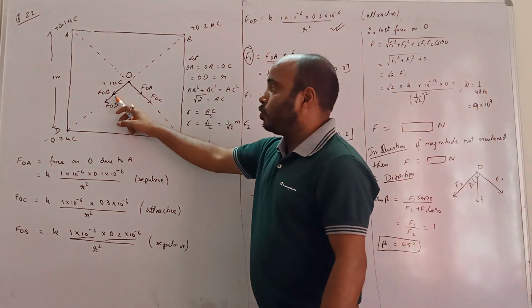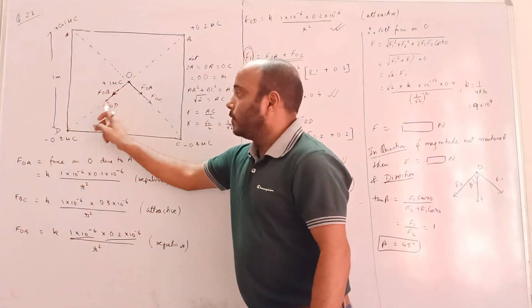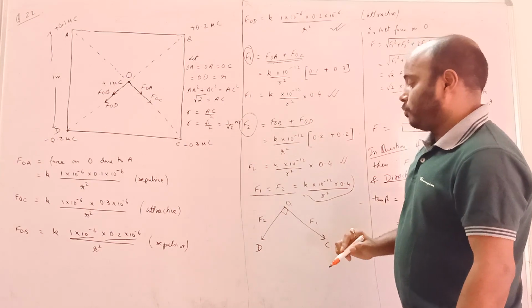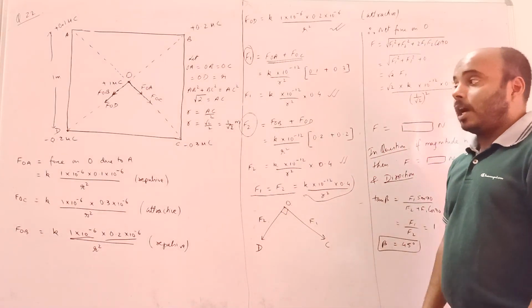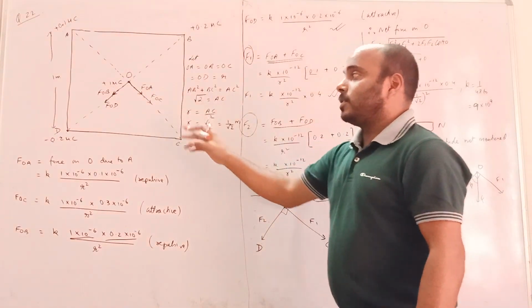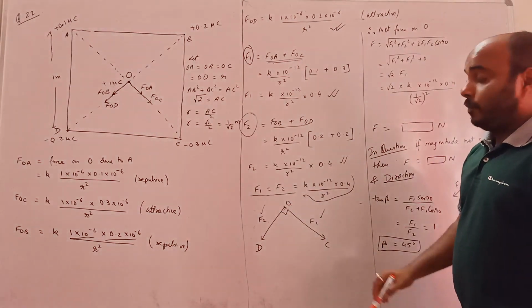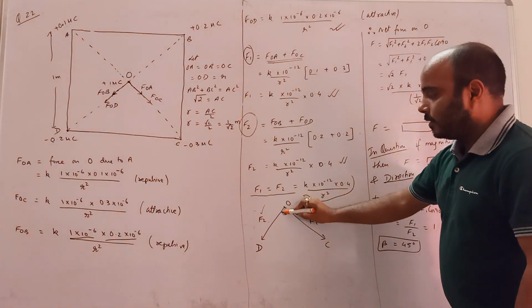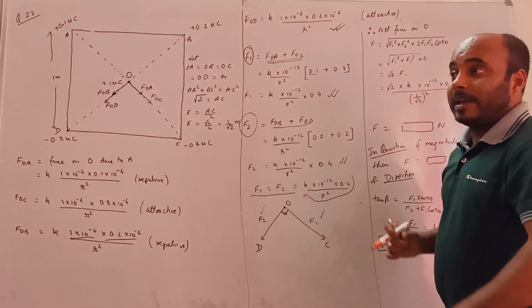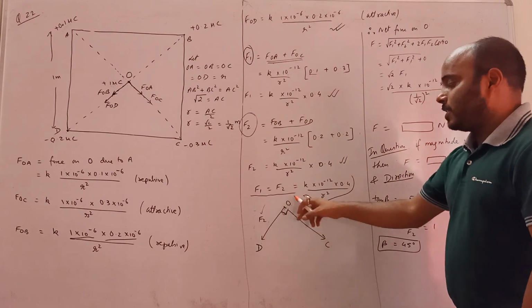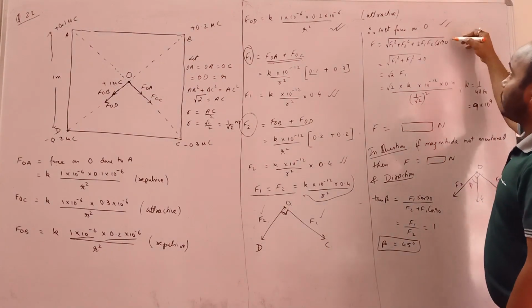Towards D, we have these 2 forces, which I've named F2. Now, out of 4 forces, I've converted them into 2 forces. And we know they make an angle of 90 degrees. Square, diagonals bisect perpendicularly. Now, 2 forces making some angle, therefore the net force will be how much?